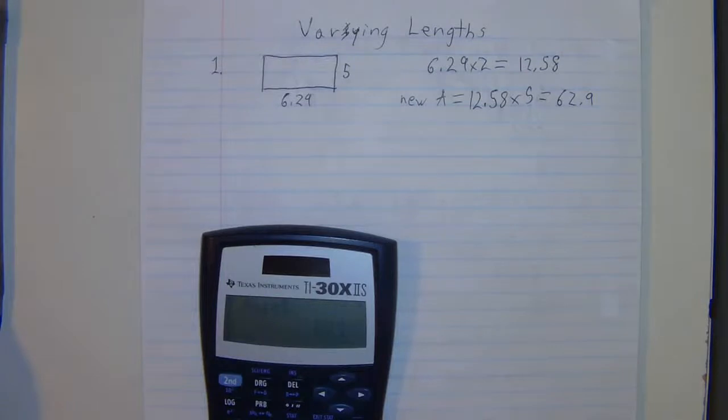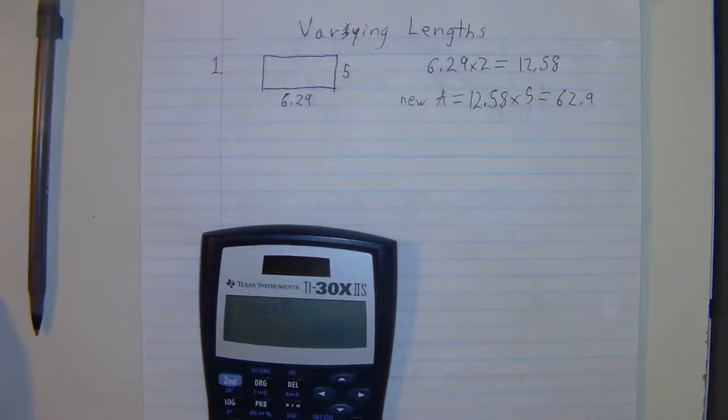It went from 20 to 40. Owen's went from 50 to 100, also a doubling. Mine went from 31.45 to 62.9, also a doubling. And Alan's also went from 63 to 126, also a doubling. So we're seeing that the data is consistent with Jackson's hypothesis that the area is going to double.